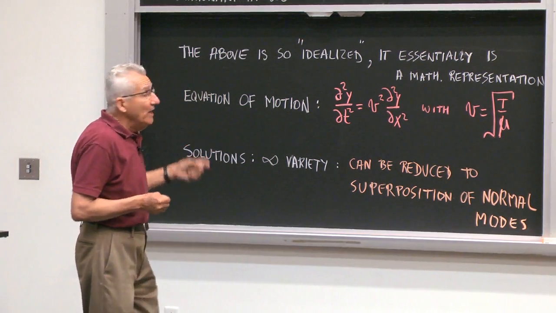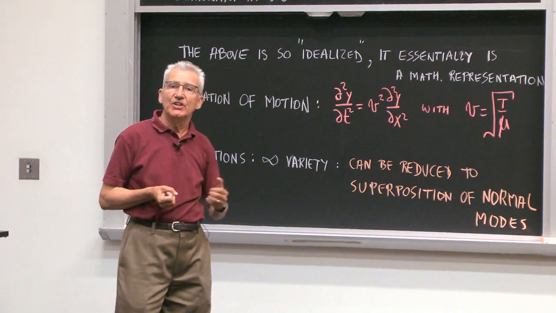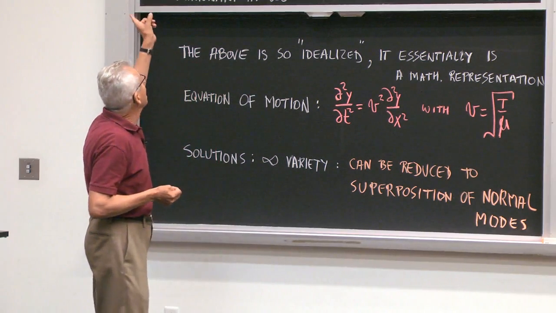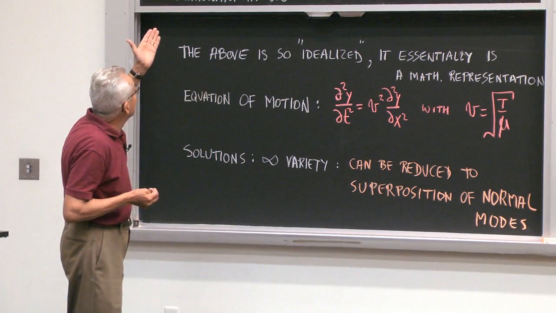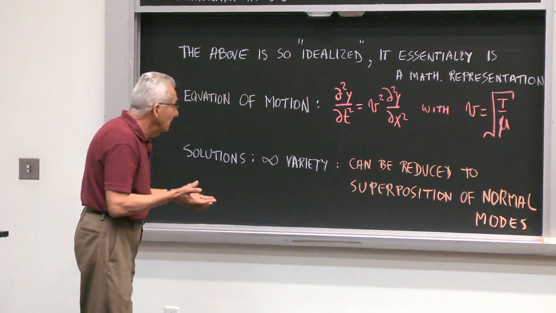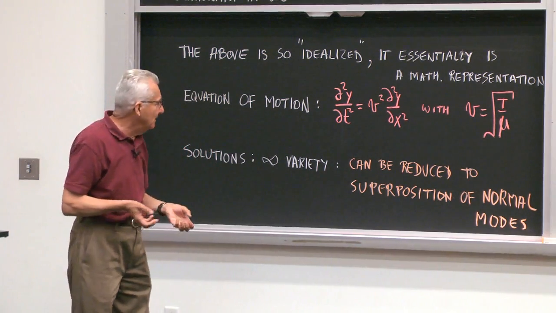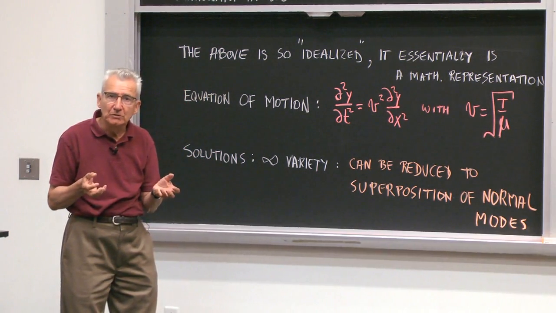For a continuous system like this, an infinite number of identical oscillators in a straight line, for a string like that, the most general solution can also be represented as a superposition of normal modes.